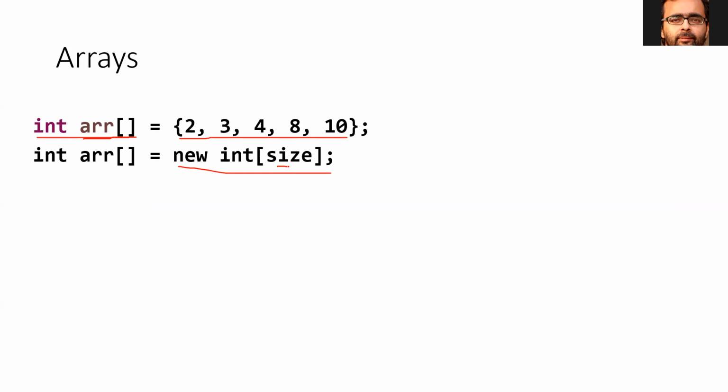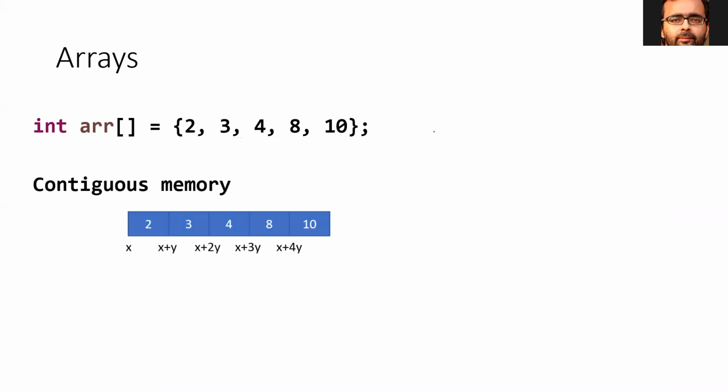So what is the advantage of arrays, or why are arrays basically used? Let's see, this is the array 2 3 4 8 10, and the base address is x. You know the data type it is holding, and it takes y bytes.